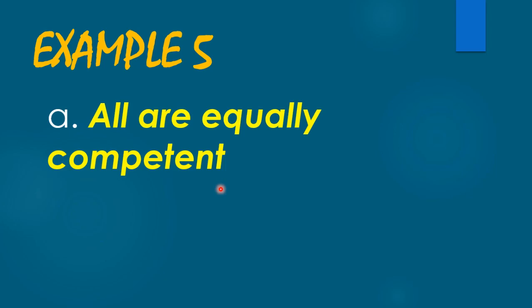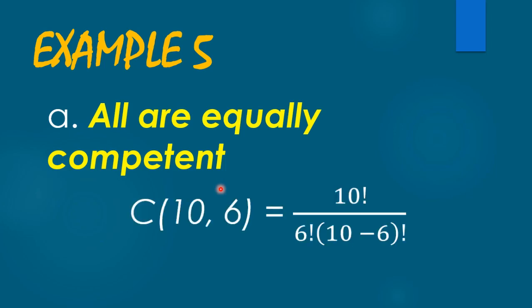Again, your n will be equal to 10 and we need to select 6. So we have the combination of 10 objects taken 6 at a time. That would be equal to 10 factorial over 6 factorial times 10 minus 6 factorial. Simplifying this expression, we'll get 210 ways.